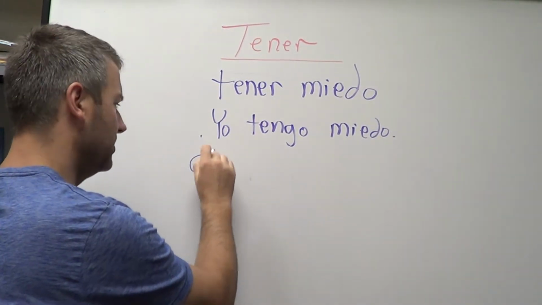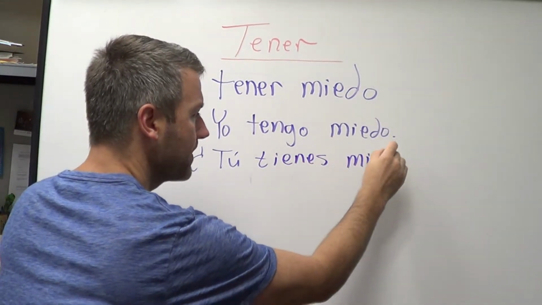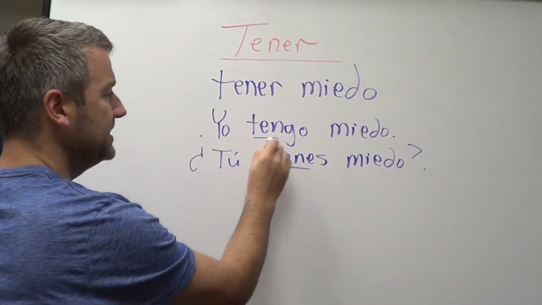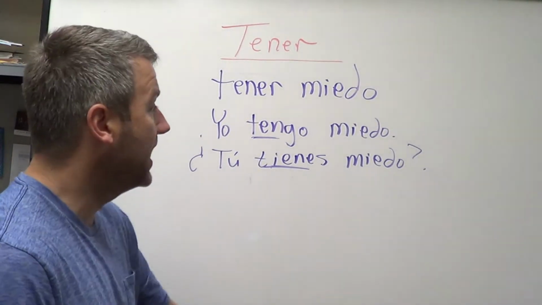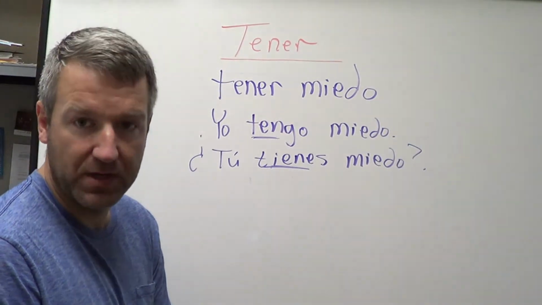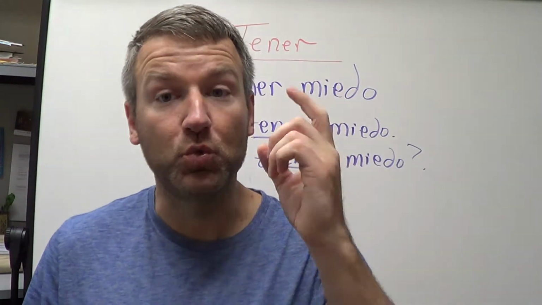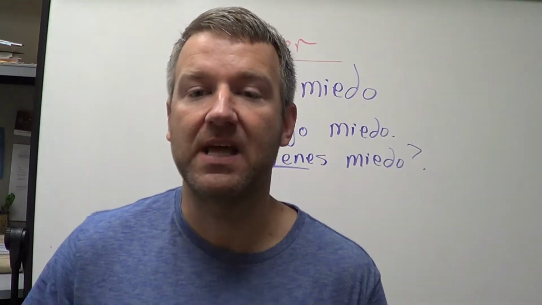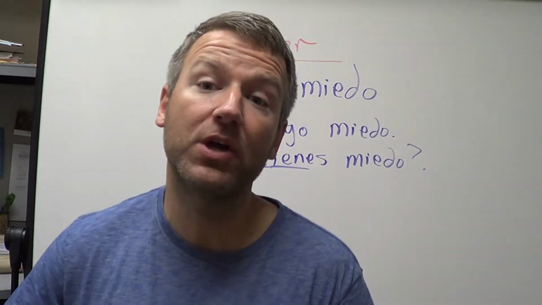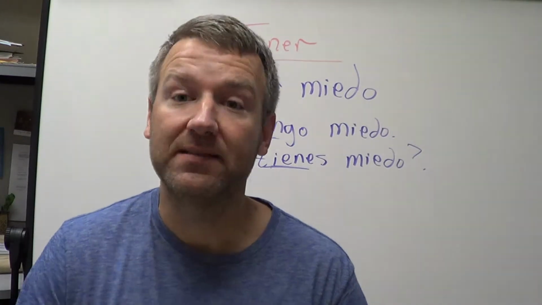I could say, ¿Tú tienes miedo? So you see, the forms of tener are the only things that are changing, not any of those other expressions. Okay? So remember, we either use yo tengo, tú tienes, él tiene, nosotros tenemos, ellos tienen. That's the only part that changes. And then based on whatever the particular expression might be, then we would include that expression with tener.